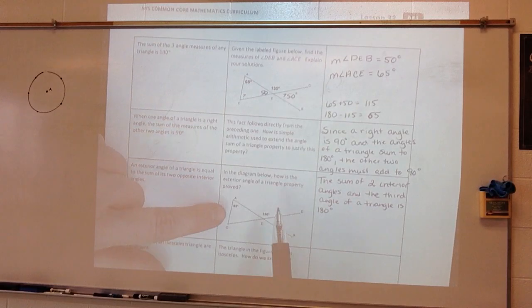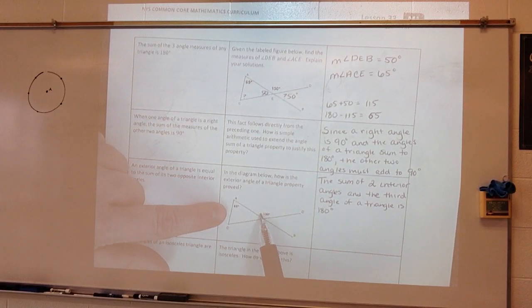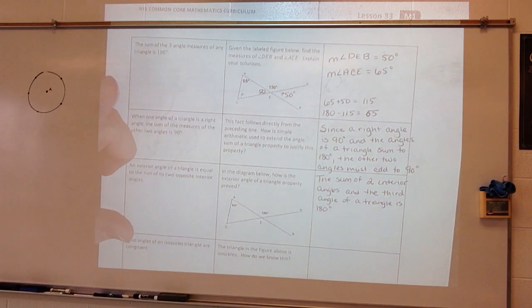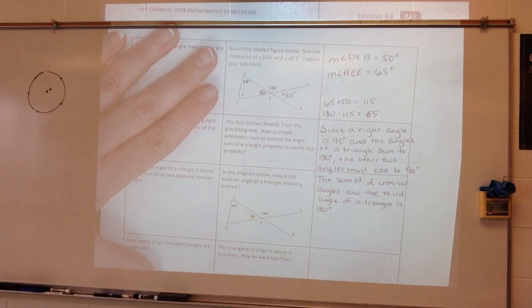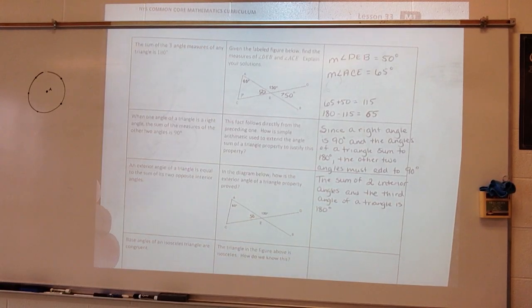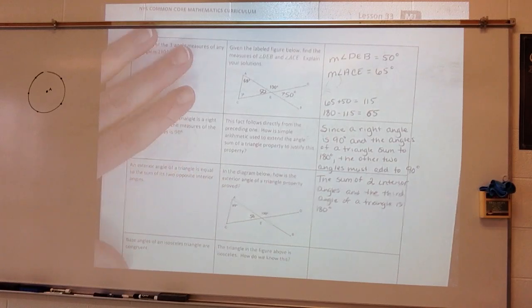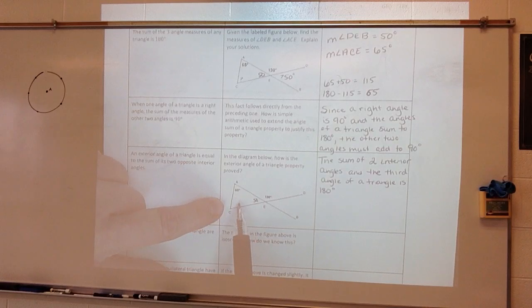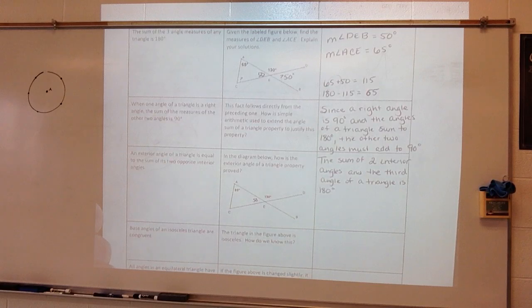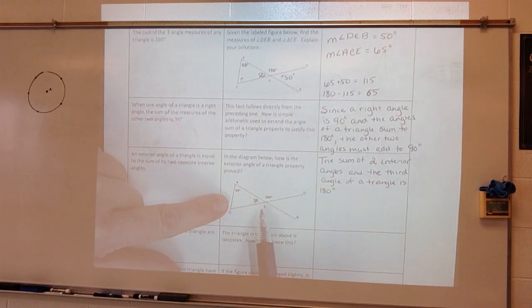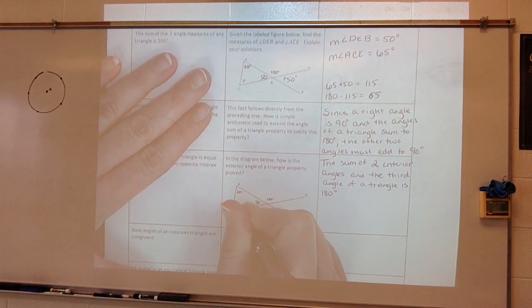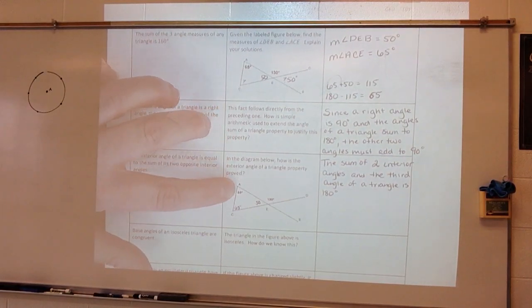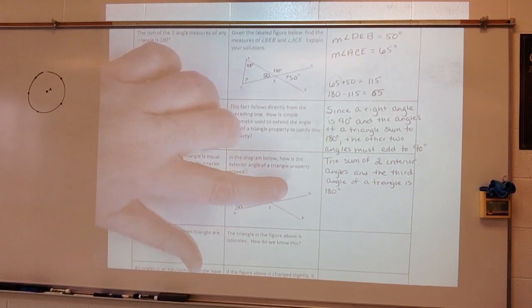So in other words, 130, these form a linear pair, so this would be 50, and I can add up to 180 degrees, so 65 and 50 is 115, so 115, take that from 180, that would be 65. And if I add 65 plus 65, I get 130.